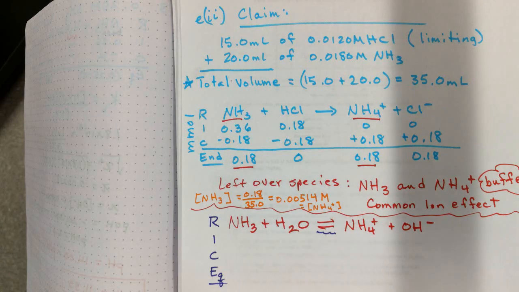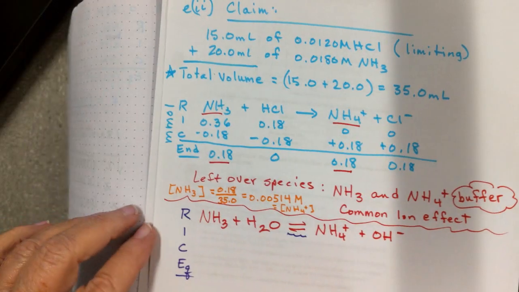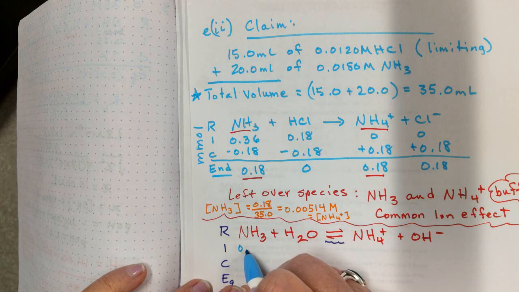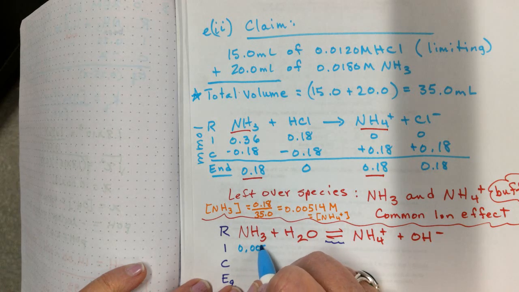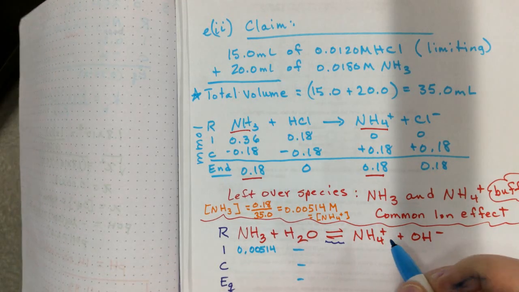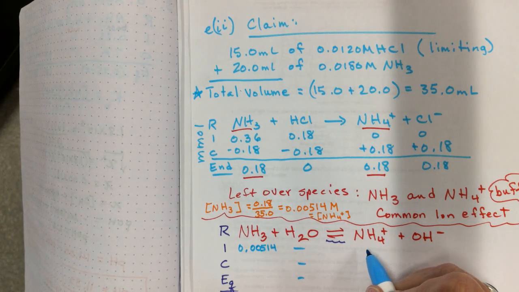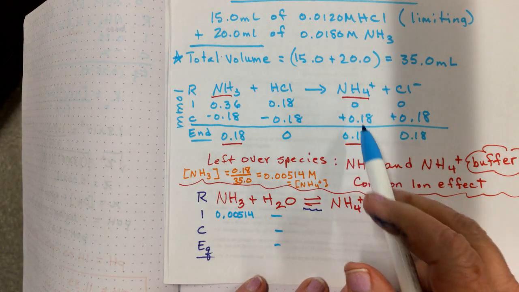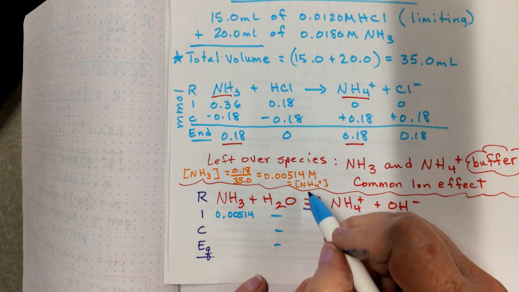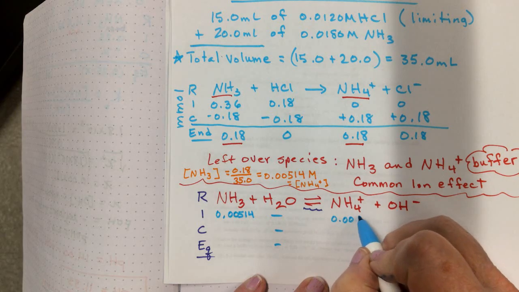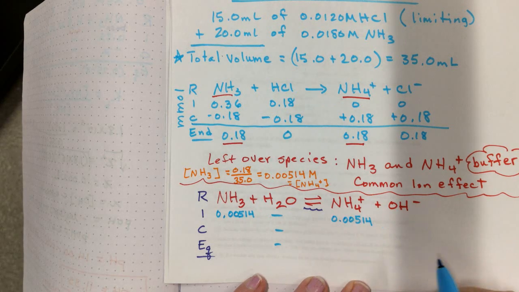So what do we have at the start? At the start we have 0.00514. Don't care about water. We usually put 0, but I can't put 0 here because we have this from the salt. So we have to put its new concentration, which is the same. Doesn't have to be the same, but they set us up here so that it would be the same.